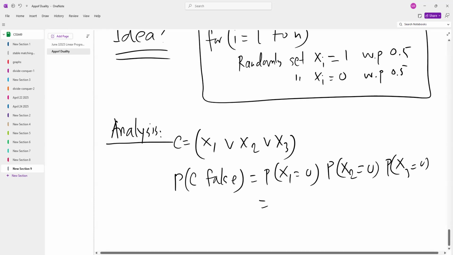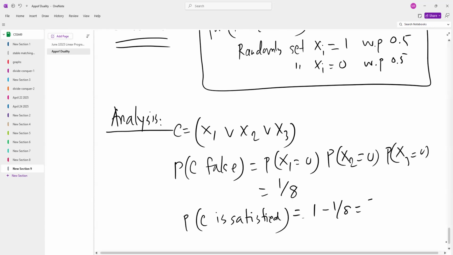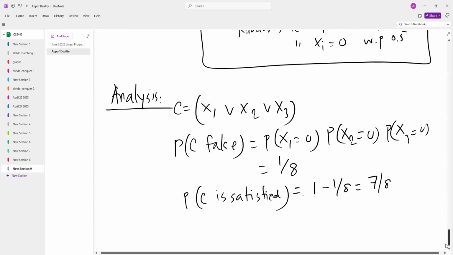That's 0.5 times 0.5 times 0.5, so 1 by 8. So that's the chance that this clause is false. So the probability that C is satisfied is 1 minus 1 by 8, equal to 7 by 8. Okay?